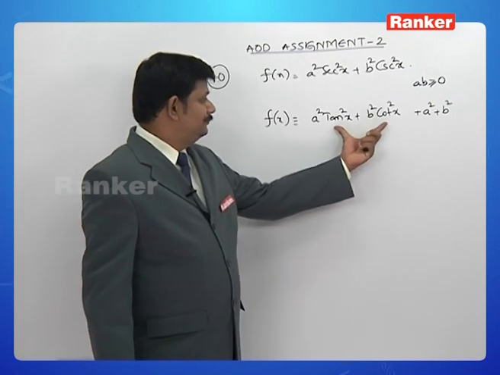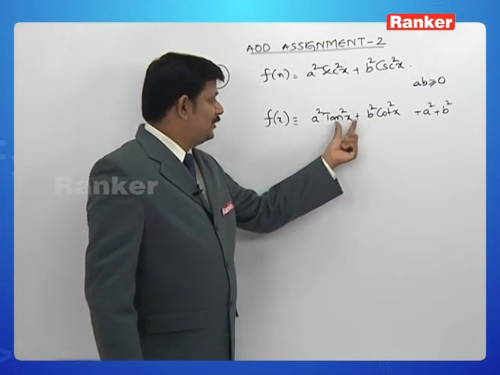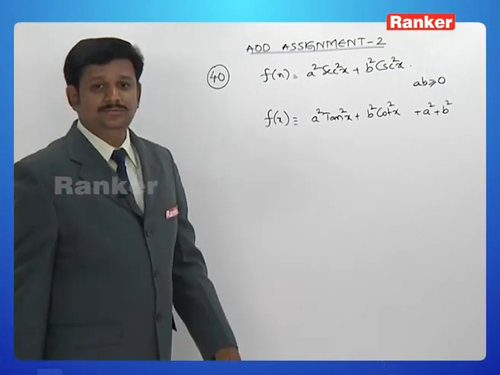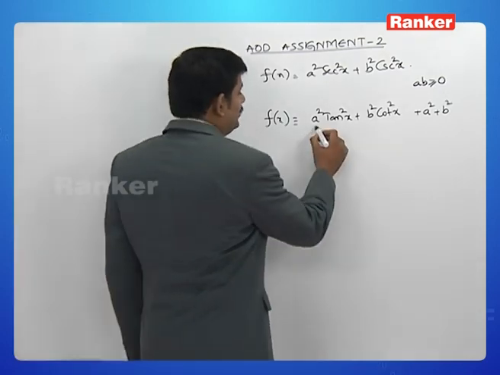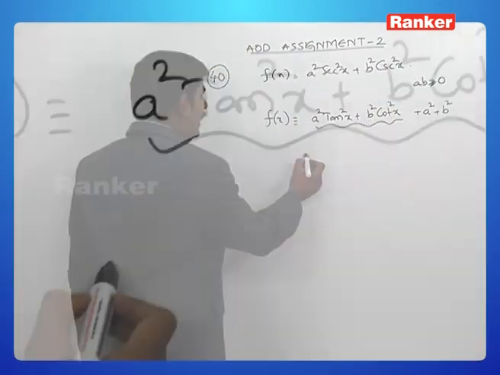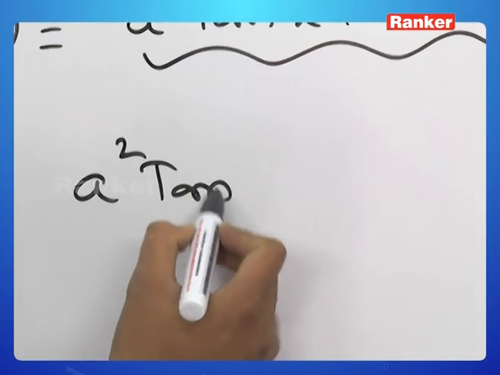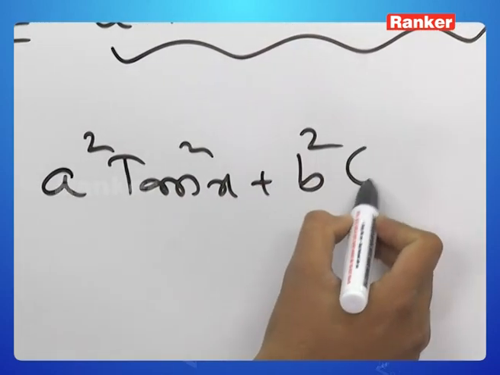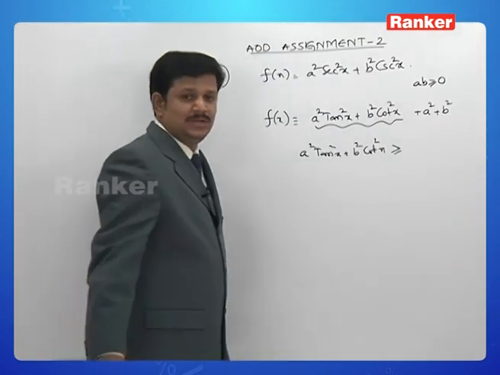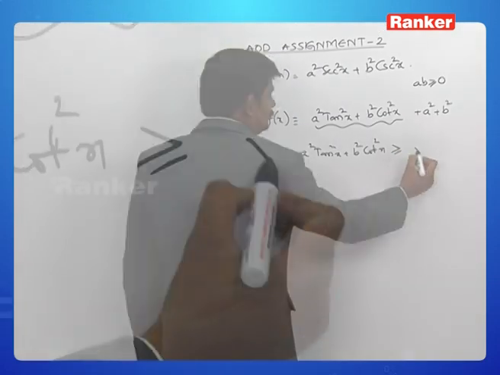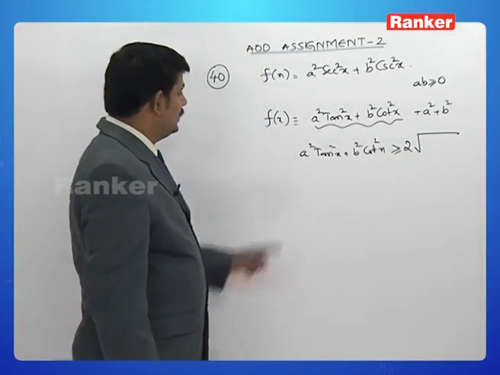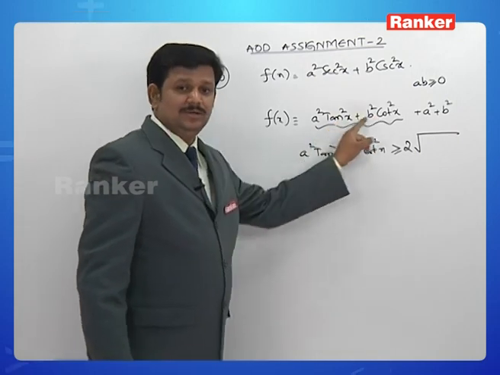Now, you can see tan square x and cot square x are reciprocals of one another. Applying AM greater than or equal to GM on these two numbers, we have a square tan square x plus b square cot square x, divided by 2, will always be greater than or equal to root over the product of these two, the geometric mean of these two numbers.